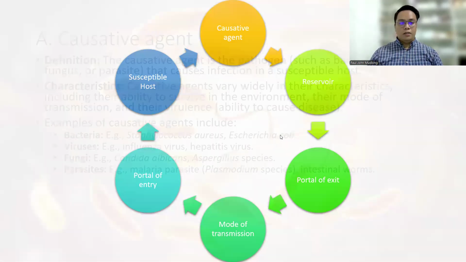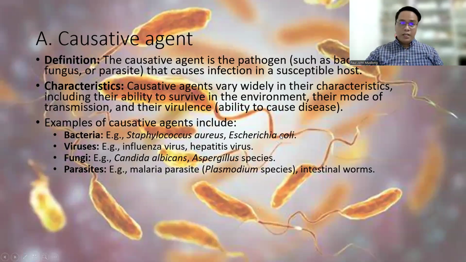Next one. We're going to be discussing each of the links in the chain, from the first one, the causative agent. The causative agent is the pathogen, such as bacteria, virus, fungus, or parasite, that causes infection in a susceptible host.